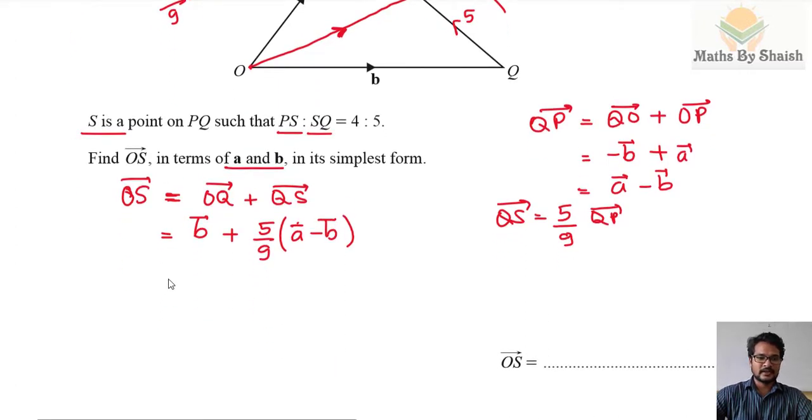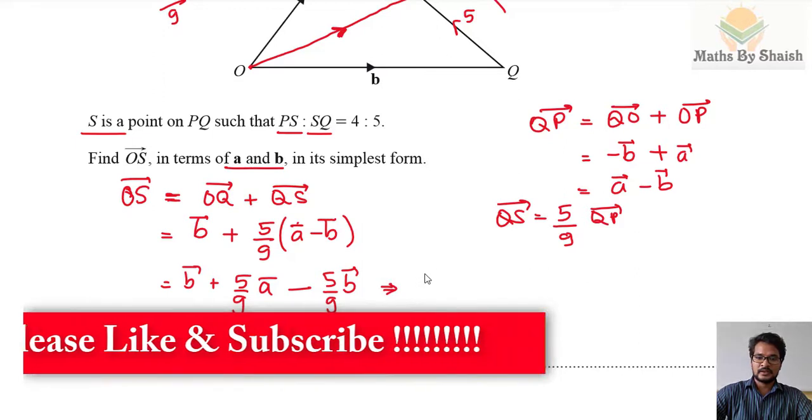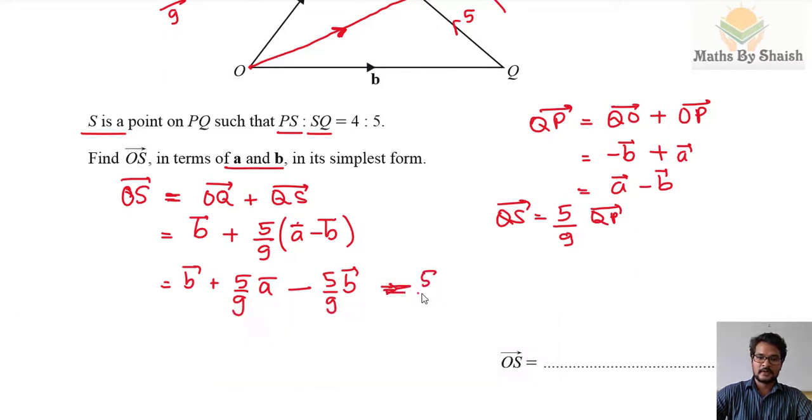So we will simplify this. It is B vector plus 5 over 9 times A vector minus 5 over 9 B vector. We have B vector, so we will simplify. So we got 5 by 9 A vector, and B minus 5 by 9 B, 9 ones are 9 minus 5, that is going to be 4 over 9 B vector. So be careful when we calculate the vectors, sum of the vectors.